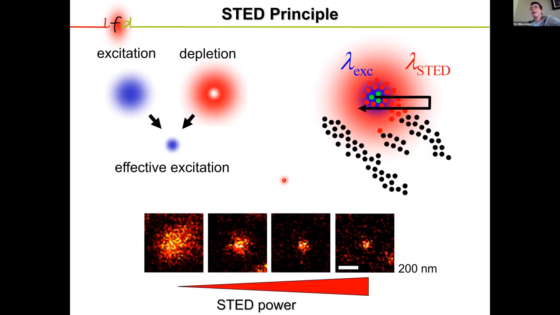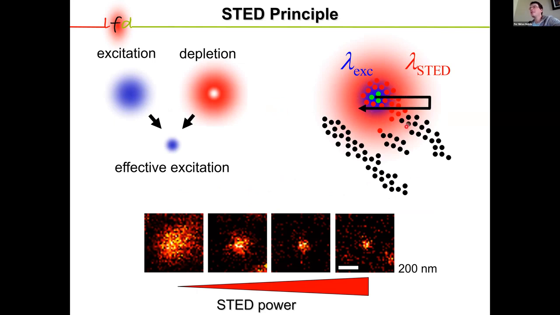So the STED microscope leverages this principle by overlaying the excitation spot with the depletion pattern in the form of a donut, which has zero intensity in the center. So what is effectively happening is you excite molecules that are within your diffraction limited area, so let's say 300 nanometer.